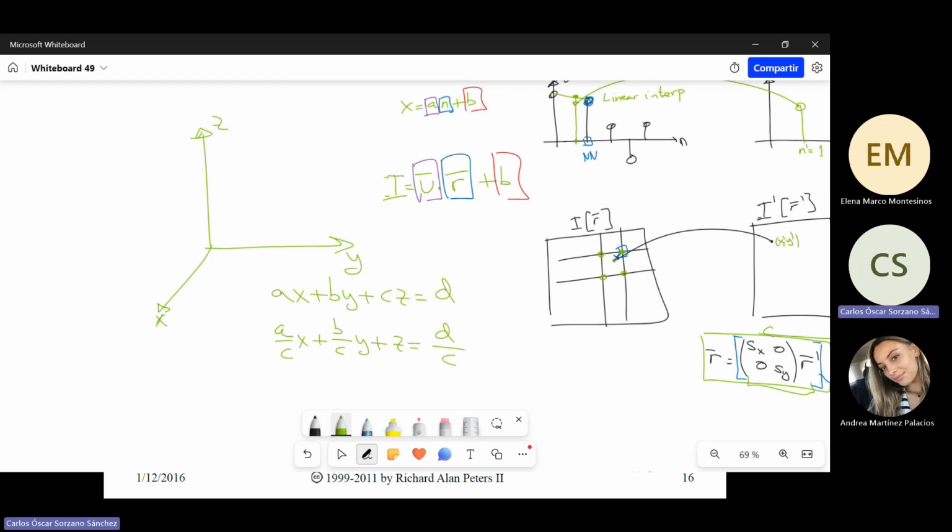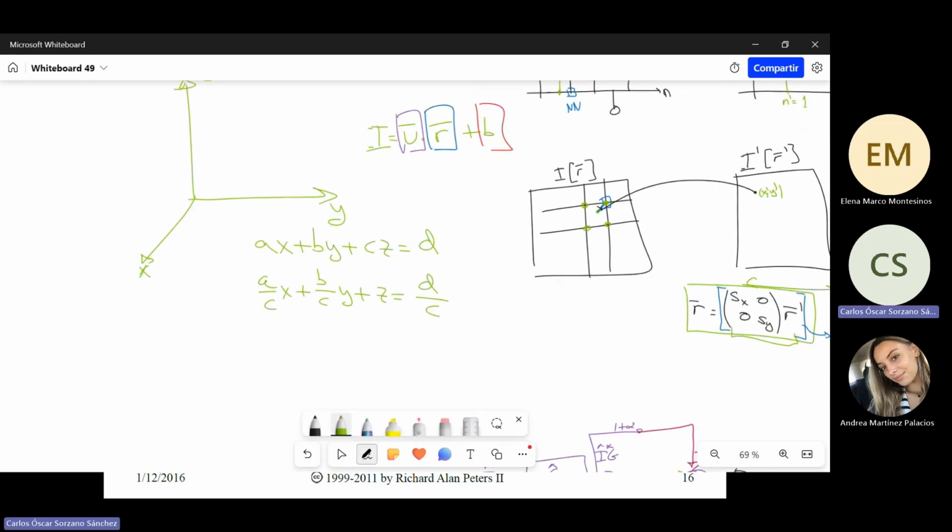Then we say, let's say, z is equal to minus a divided by c, x, minus b divided by c, y, plus b divided by c. So now this has the same structure.